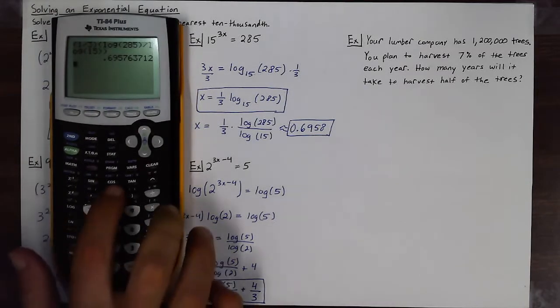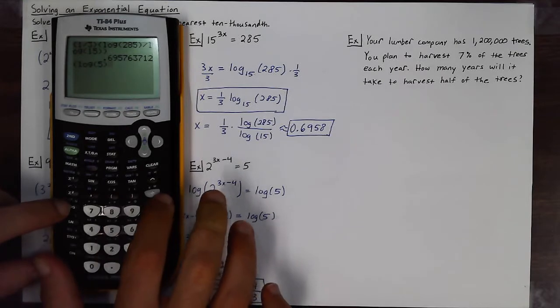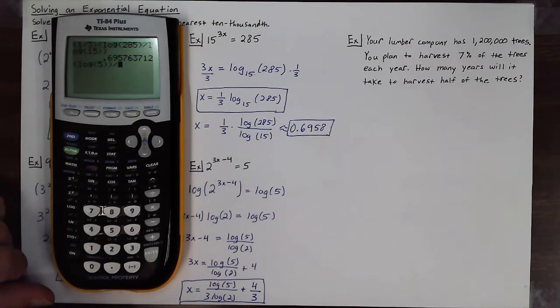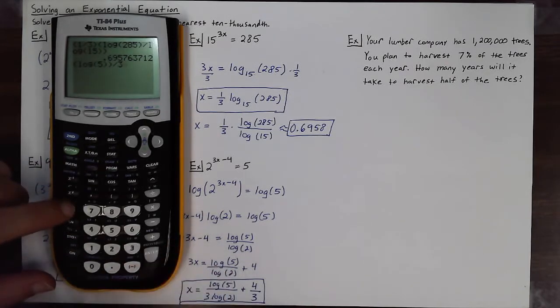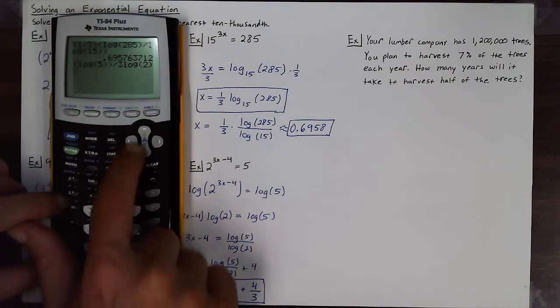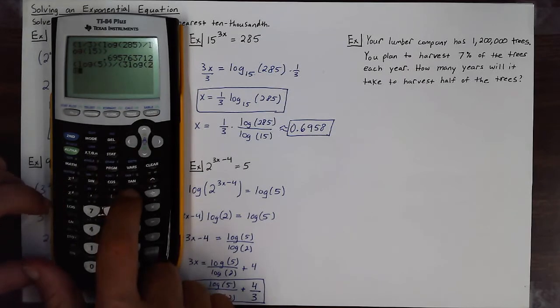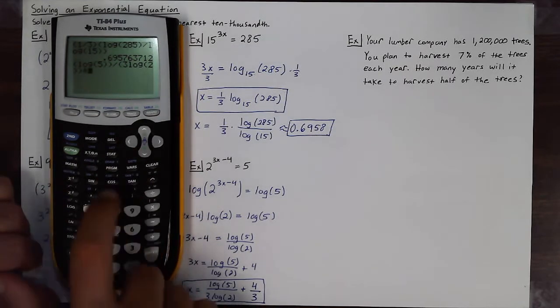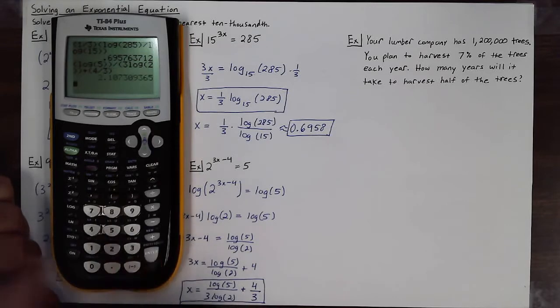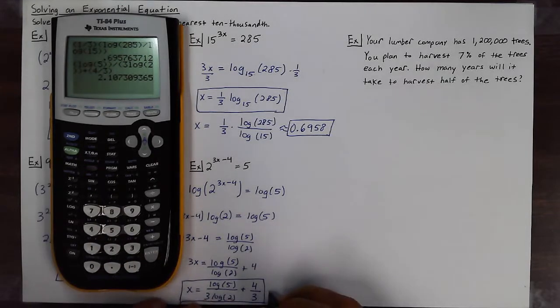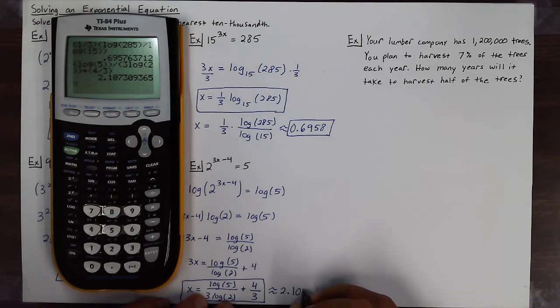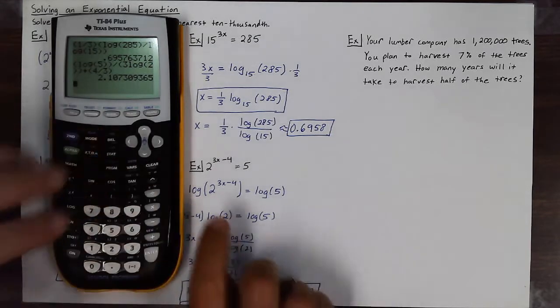So we have log 5 divided by 3 log 2, and then plus 4/3, which is approximately 2.1073. About 2-ish would be the solution here.